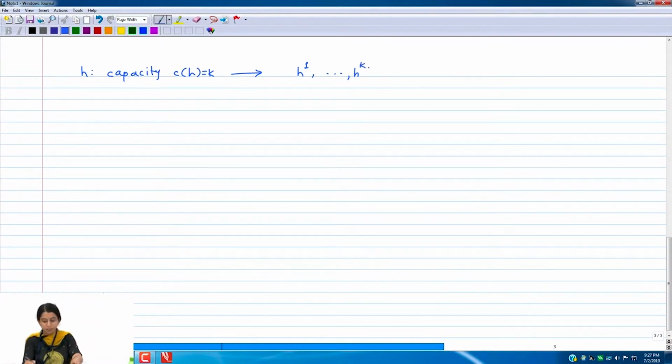Okay, now I say that each of the individual hospitals has capacity 1. So we have landed up in a 1-to-1 setting, but we have to be careful about the preferences of residents. So earlier if a resident R has hospital H in his preference list, now what should R have?